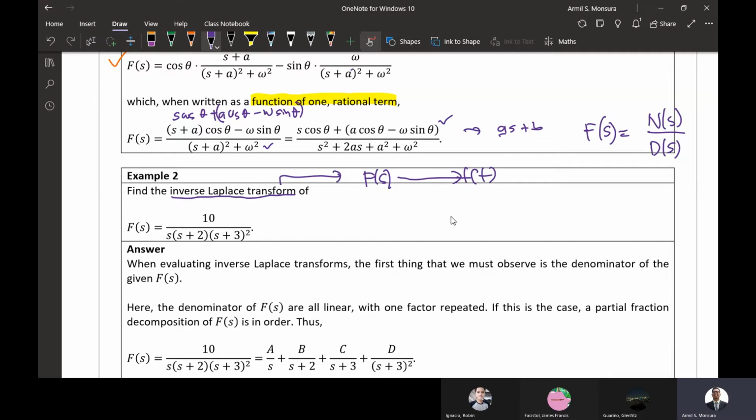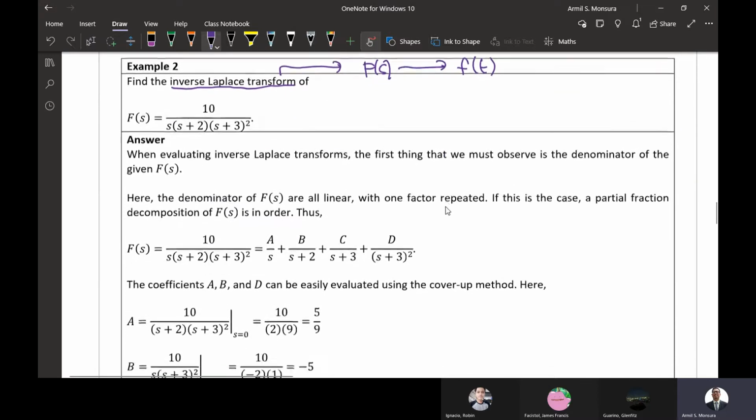So, yun yung gagawin natin sa example 2. Okay? So, yun nga, given tayo ng F of s, gagawin natin siyang f of t. Or yung sagot natin, magiging f of t, essentially. Okay?